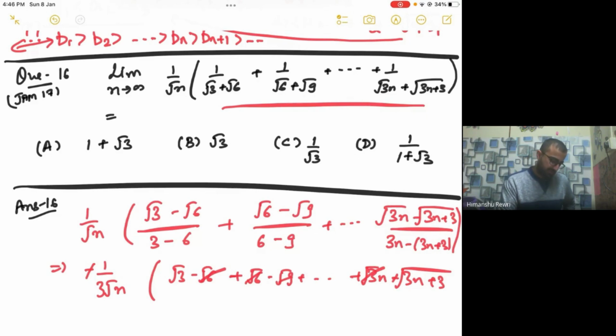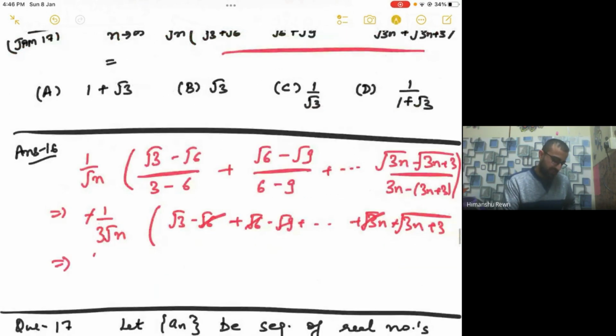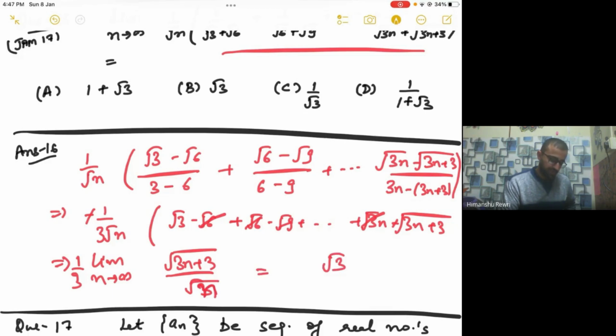Then take the limit of this function, limit n tends to infinity. 1 by 3 will come out common, root 3n plus 3 divided by root n. So this is root 3 by 3, so the answer is 1 by root 3.